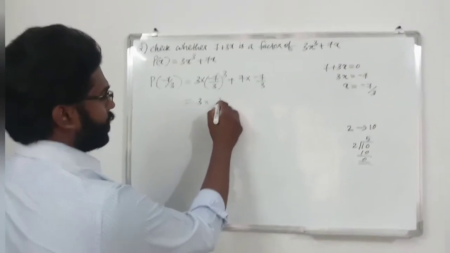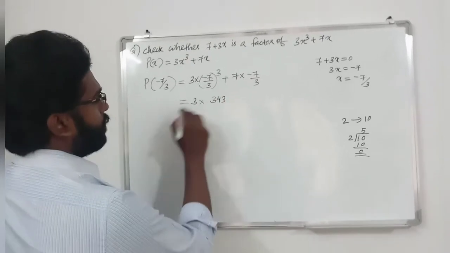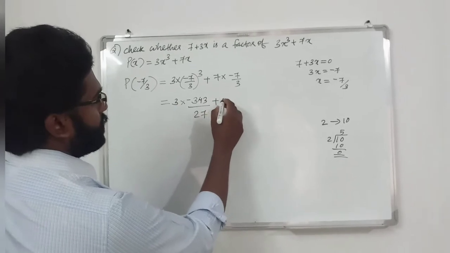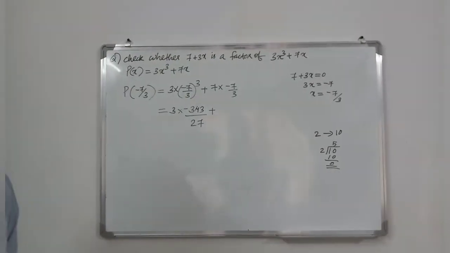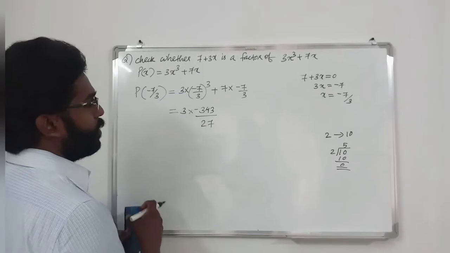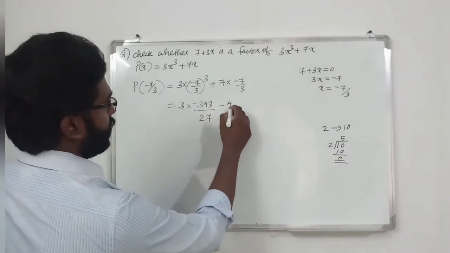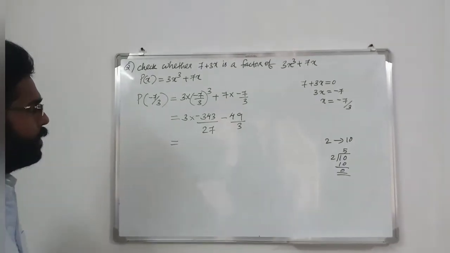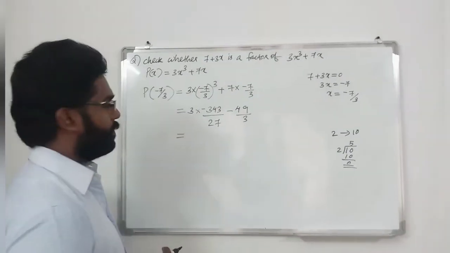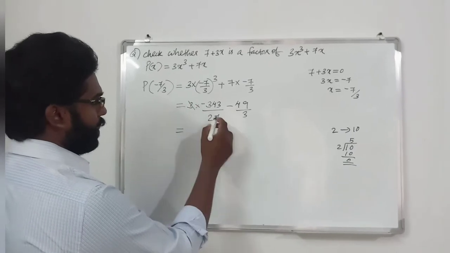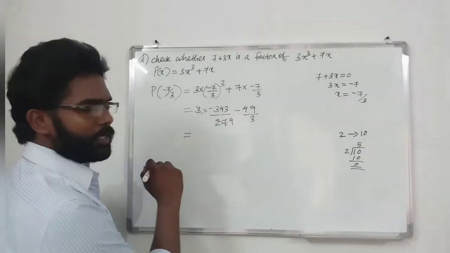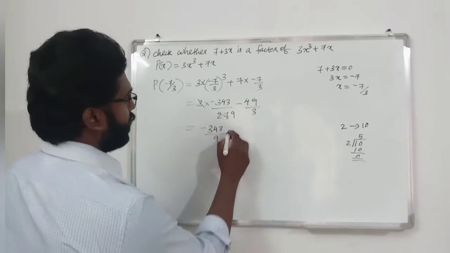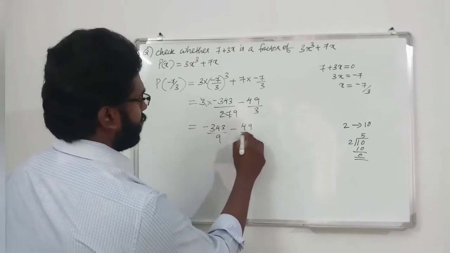Cube of 7 is 343, minus 343 by 27, plus, not plus, minus into minus, minus 49 by 3. We can simplify it, we can cancel 3 and 9. Minus 343 by 9 minus 49 by 3.